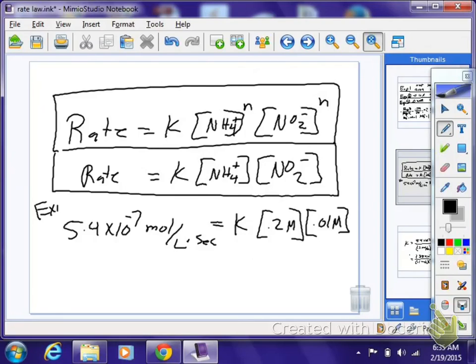If you look at experiment 3, the rate is 5.4 times 10 to the minus 7th moles over liters times seconds. I'm going to write it in that form from now on. I want to show every unit.